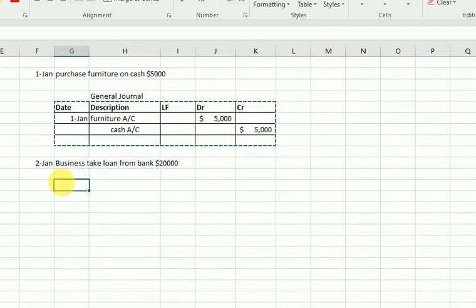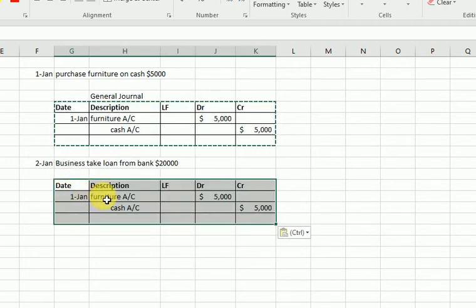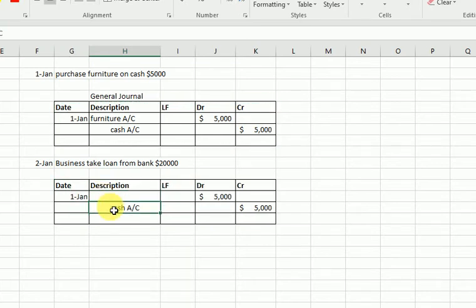How? Look, when we take a loan from the bank, we take the loan in the shape of cash. So cash comes to our business. In the business, cash is increased by 20,000. So cash is an asset.